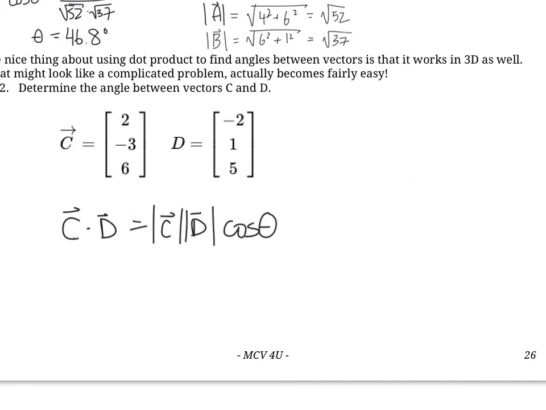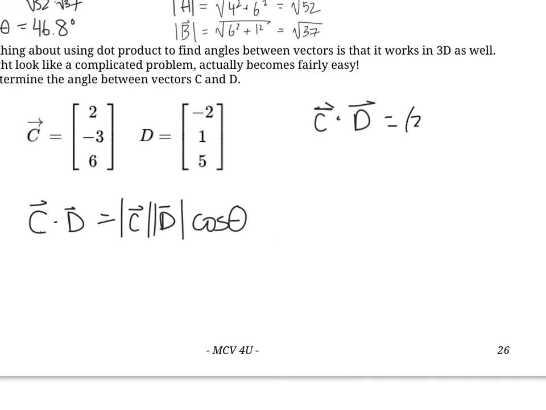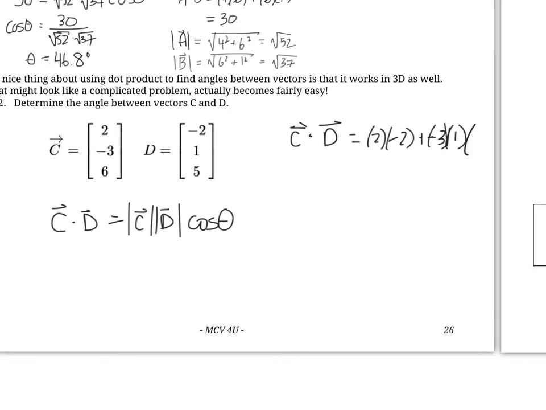So starting off with C dot D, I'm just going to do this work off to the side. If you want, you can plug it directly into that relationship, but I just like to keep that nice and clean. So C dot D is just going to be 2 times negative 2, plus negative 3 times 1, plus 6 times 5.